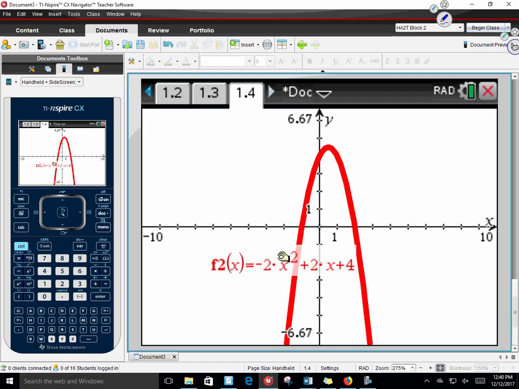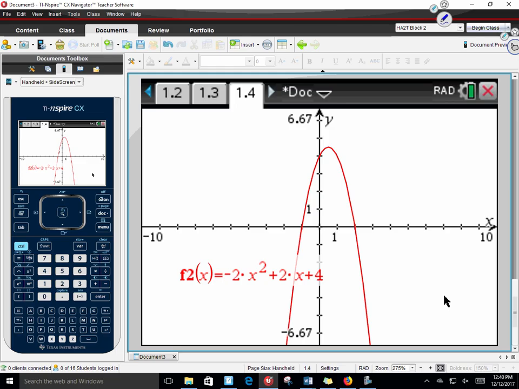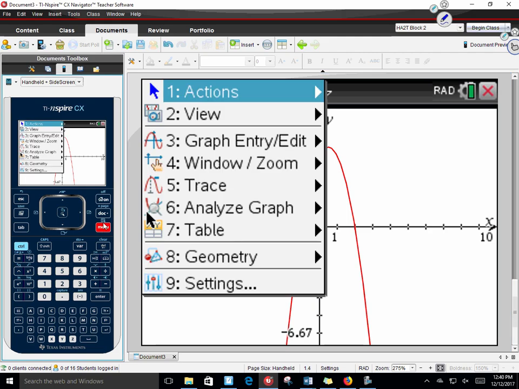So based on our picture, does my graph open up or down? Down. Are we all okay with that? Hopefully yes. Johnny, if I want to find the vertex, how am I going to do that? Menu. Okay, so we're going to go to menu. Analyze.